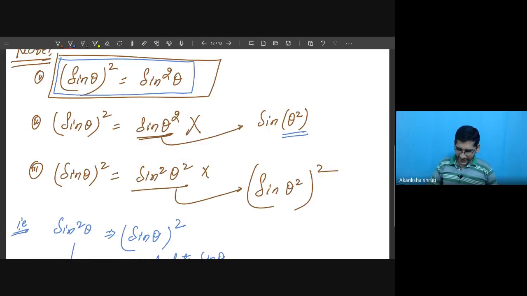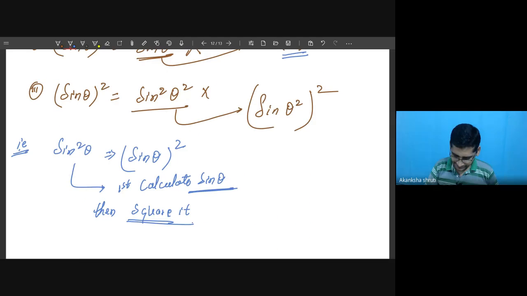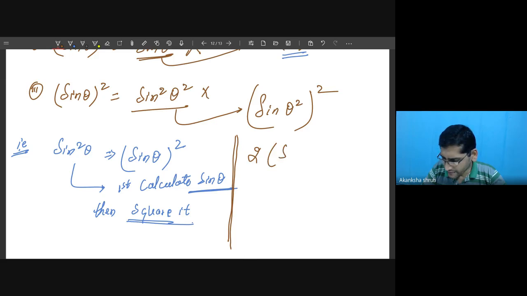A student, another notable difference: students commonly get misled by another kind of notation also, so I will write that here. If you are given 2 multiplied by sine of theta, it simply means this is written as 2 sine of theta.